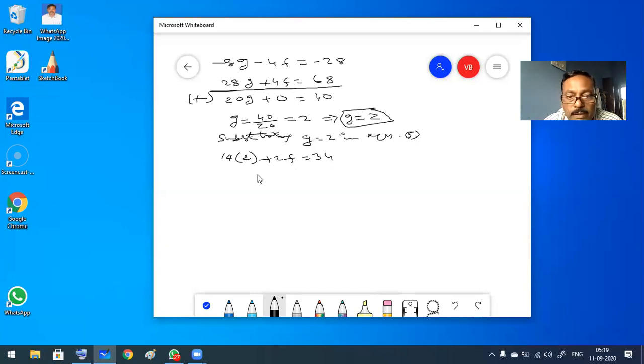So this is 28. Therefore, 2f is equal to 34 minus 28, which is 6. Therefore, f is equal to 6 by 2, so f is equal to 3.